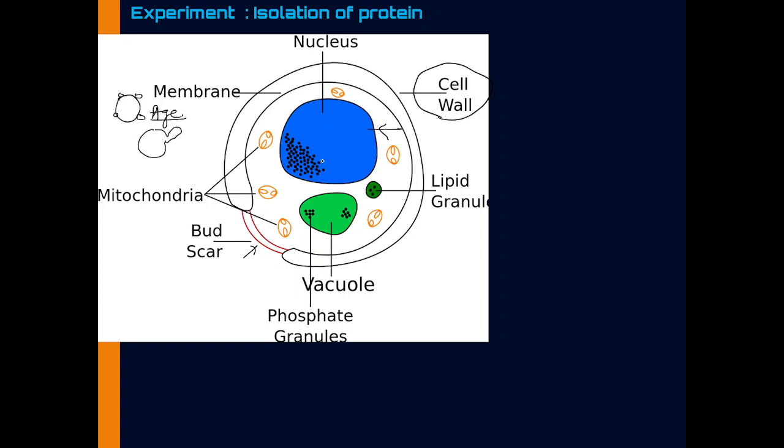Now the idea here is that we are interested in isolating all the proteins inside a yeast, or maybe you are using yeast as a heterologous expression system. In fact, some yeasts like Pichia pastoris, an industrially important yeast similar to Saccharomyces cerevisiae, are used for extracellular protein expression.